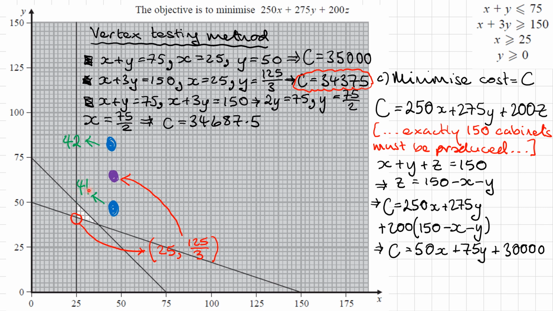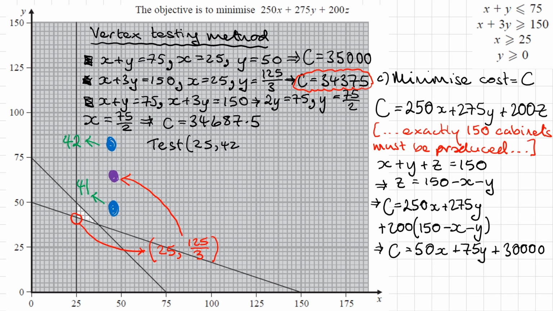So actually I don't need to do any calculations or testing, but I do need to just double check and test that this point, 25, 42, meets all of the constraints, and also work out what cost that's going to give me. Okay, so let's test this point 25, 42.